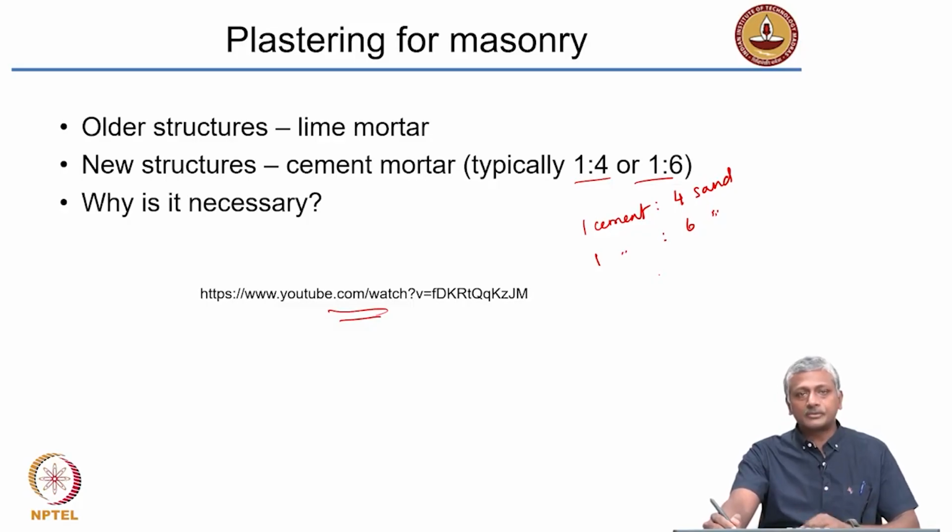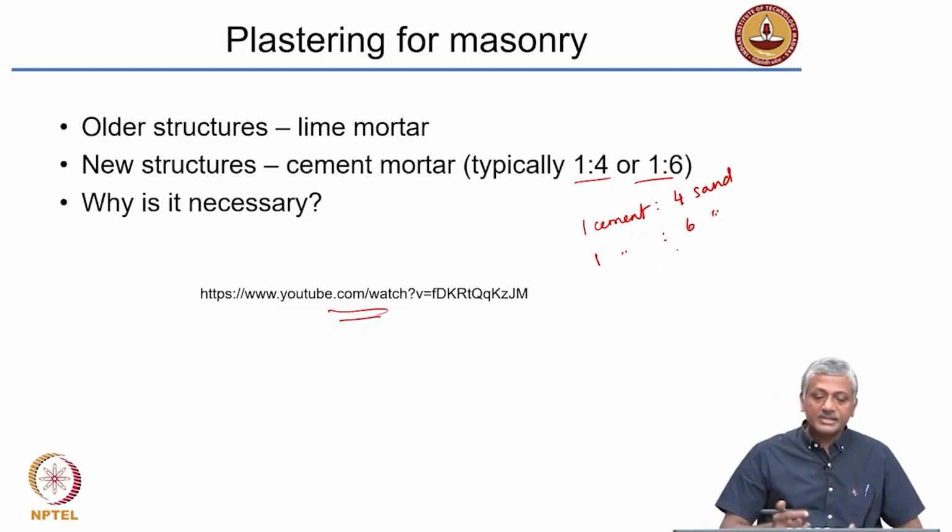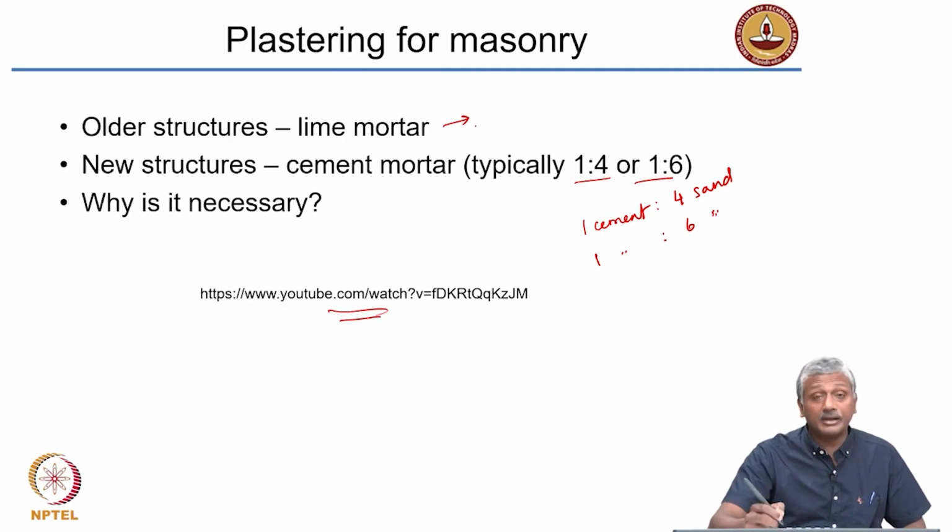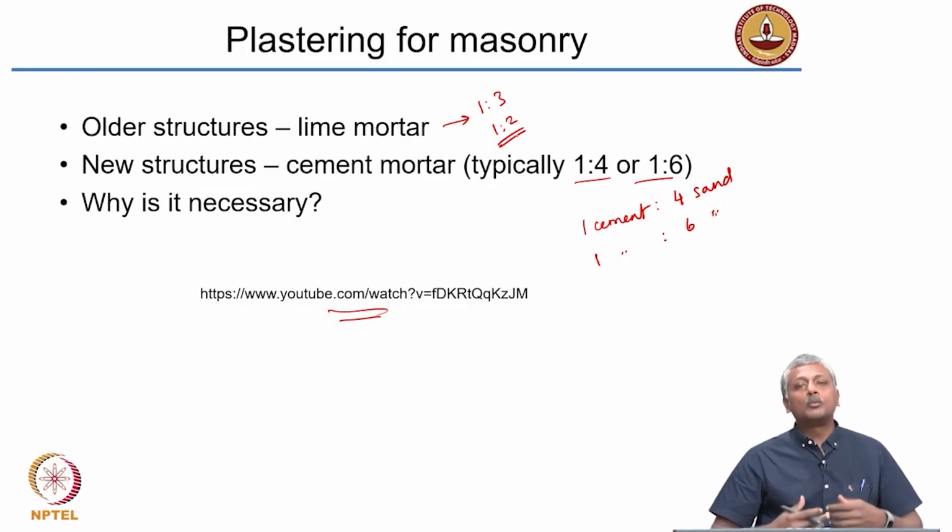Even in lime, the ratios typically are 1:3 or 1:2. You need more lime to get some minimum strength of the mortar as compared to the cement plaster.